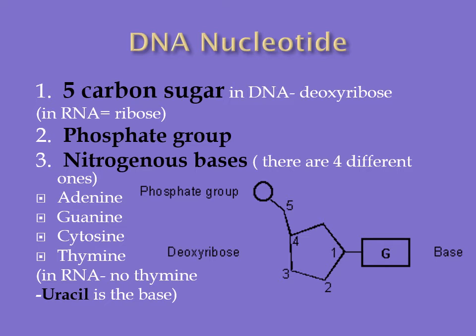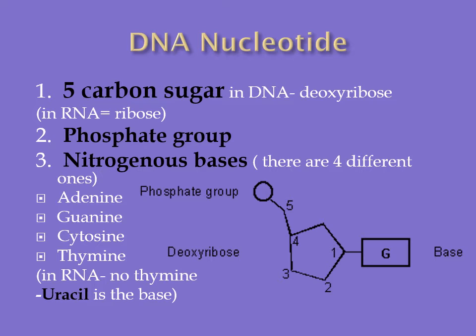Those are labeled there for you. The pentagon, that is the 5-carbon sugar that makes up a nucleotide. It's called deoxyribose. That is where part of the name for DNA comes from. DNA, if you don't remember, is called deoxyribonucleic acid.